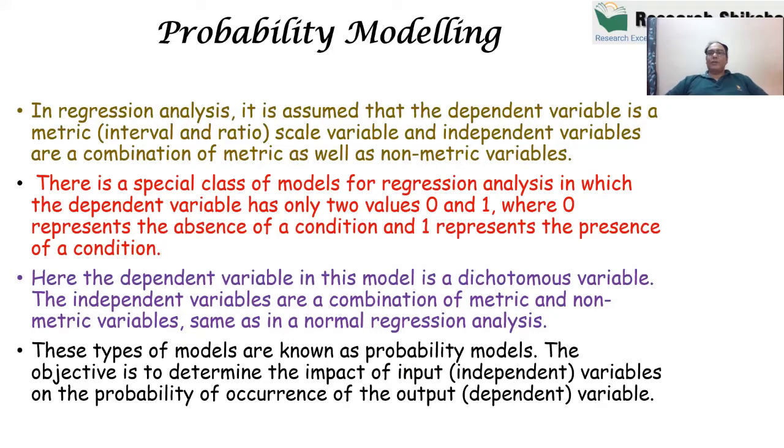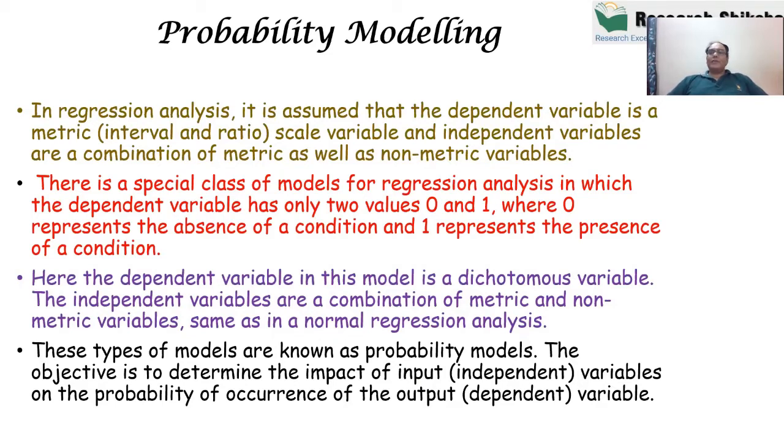I hope you understand what 1 and 0 mean. So the dependent variable is a dichotomous variable. The independent variable may be a scale variable, maybe a category variable, that is not a problem. But the dependent variable is always binary. Independent variables may be metric, interval or ratio variables, or nominal variables.